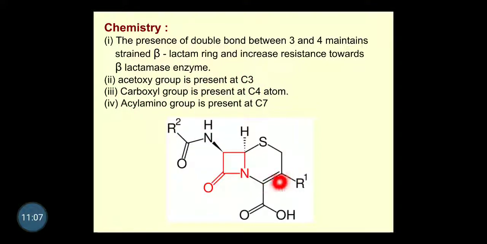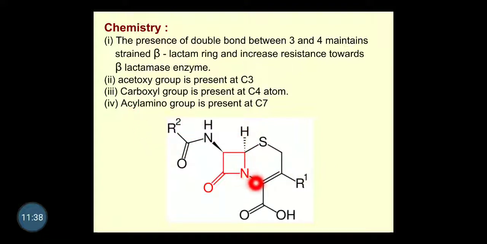So due to this double bond between 3 and 4, it becomes enzyme resistant. The beta-lactam ring becomes stronger, maintains its strain, and cannot be broken by the beta-lactamase enzymes, and that is why it is more stable.